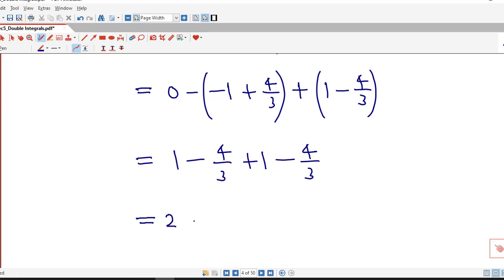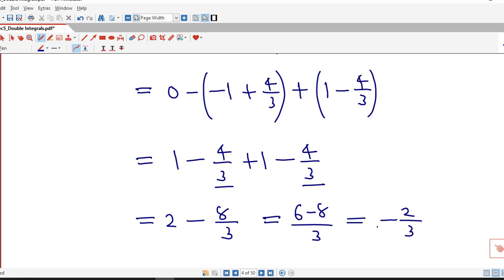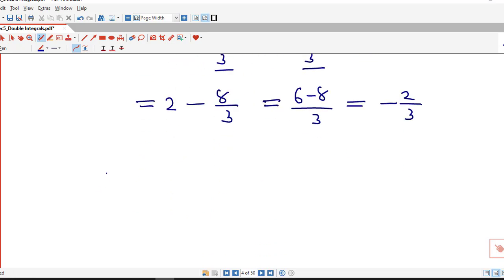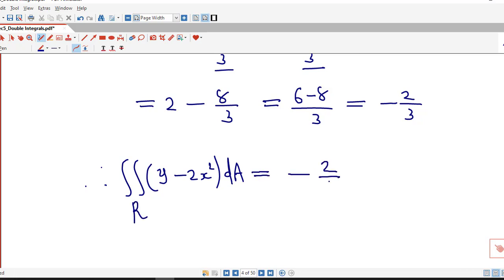So we have 2 minus 4 by 3 minus 4 by 3, that is minus 8 by 3, which is 6 minus 8 divided by 3, and that is nothing but minus 2 by 3. So therefore double integral of y minus 2x square, where R is the region inside the square, is nothing but minus 2 by 3.